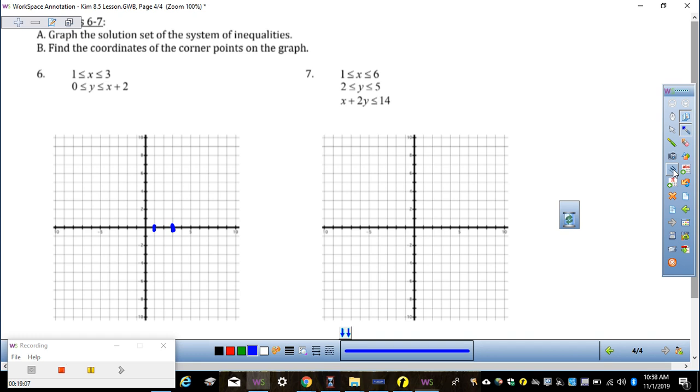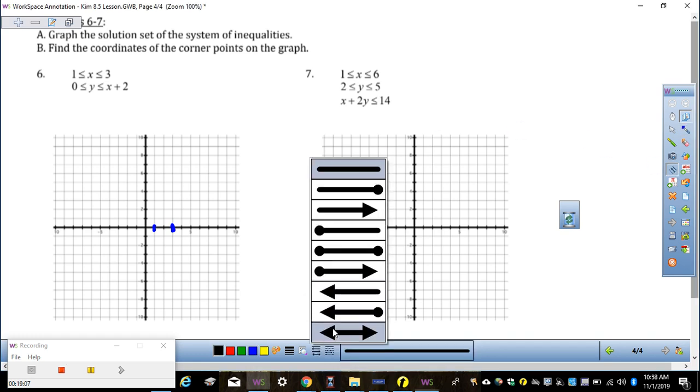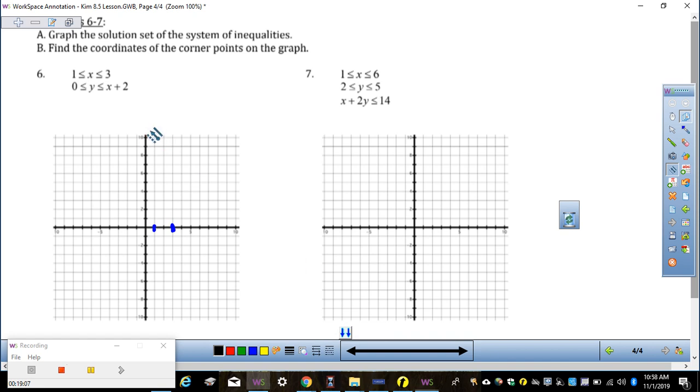So let me jump back over to my line here. And I am going to draw a vertical line straight through 1, and then same thing, straight through 3.